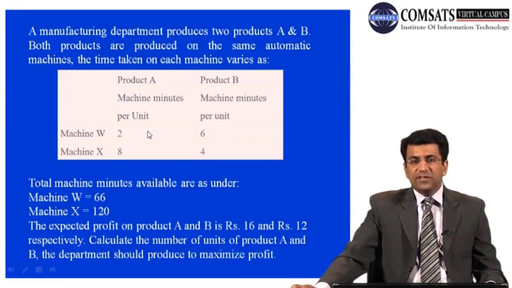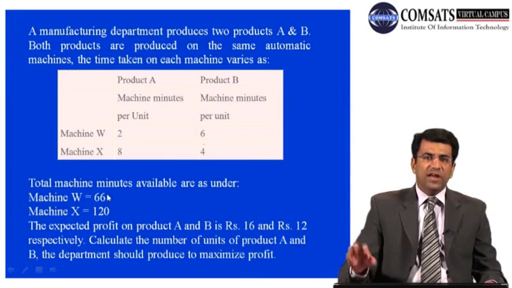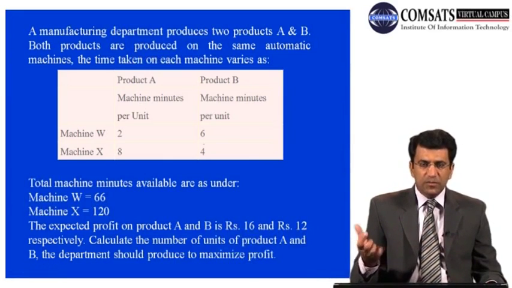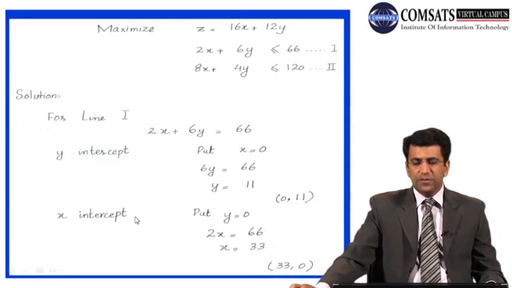So in this case, if we produce x units of product A and y units of product B, then the first constraint will be 2x plus 6y less than or equal to 66, because we cannot go beyond 66. That is the limitation of machine W. So our first constraint is 2x plus 6y less than or equal to 66. This is our first inequality or constraint.